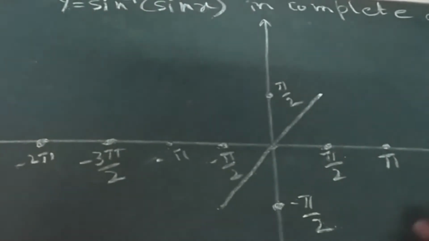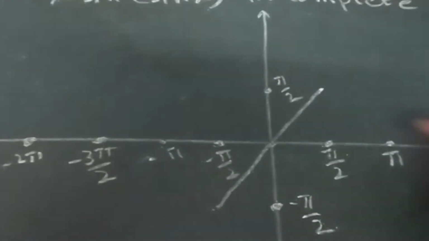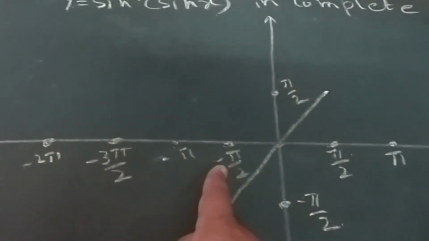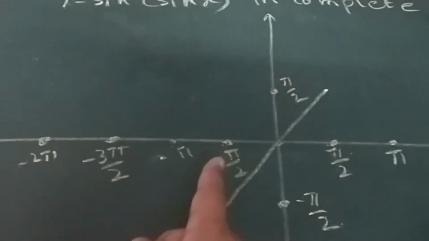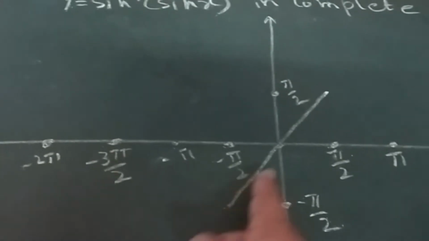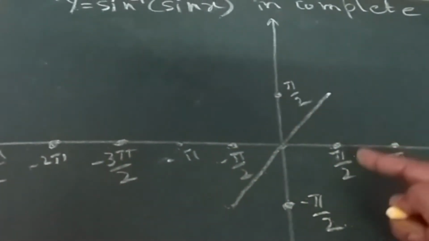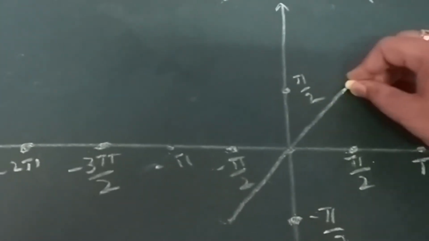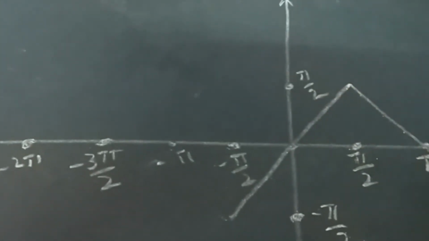Then it will follow from here to here. It is like from minus pi by 2 to plus pi by 2. At minus pi by 2 it is minus pi by 2, at 0 it is 0, at pi by 2 it is pi by 2. Now it will be like this.